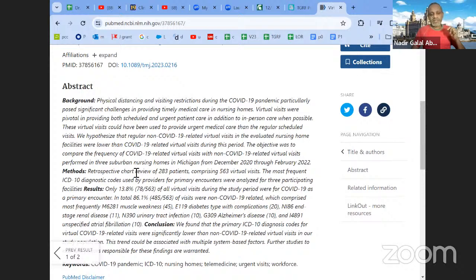We can look at the charts and encounter virtual visits during the period from March 2022 to December 2023 and see if we can find any difference as far as the encounter ICD-10. To do that, we can write a proposal for the IRB. Most likely it's going to be a faster one because there is no identification information we are collecting.